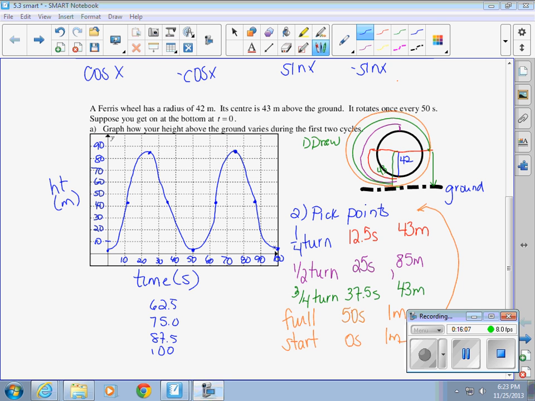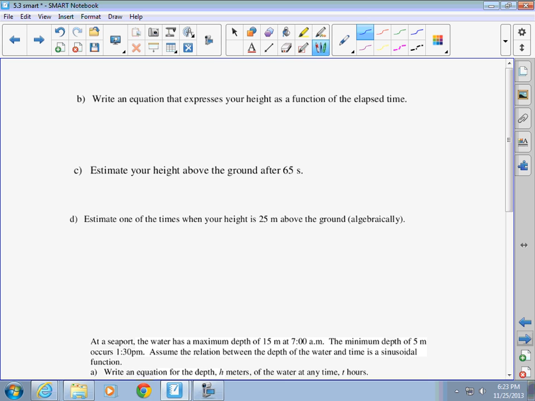Okay, so now part B here asks you to write an equation that expresses your height as a function of the elapsed time. So what they're saying is, write an equation for this graph. If you think about this, this graph started at 1 and went to 85, so the total height was 84.